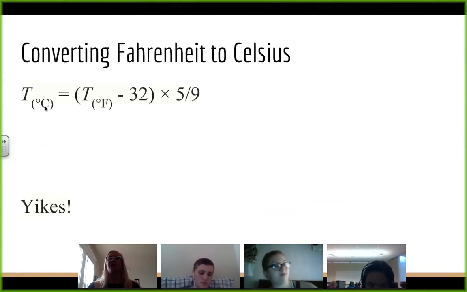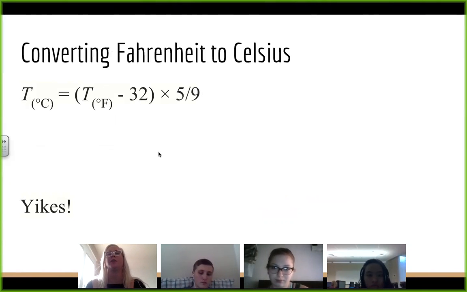And vice versa, if you want to find Fahrenheit, you're going to multiply Celsius by 9/5 and add 32. So we're not going to practice doing this because honestly, converting between these two really isn't something that we're going to be doing necessarily, like, to prove our skills.